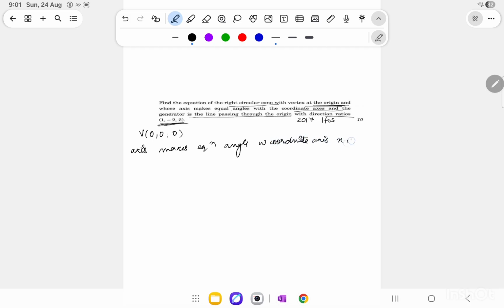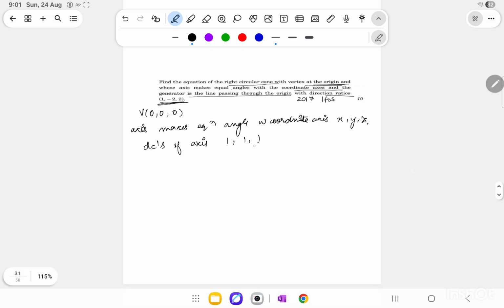If that is the case, then the direction ratios of the axis will be 1, 1, 1 because it makes equal angle with all three axes. The actual direction cosines will be 1 by root 3, 1 by root 3, 1 by root 3.